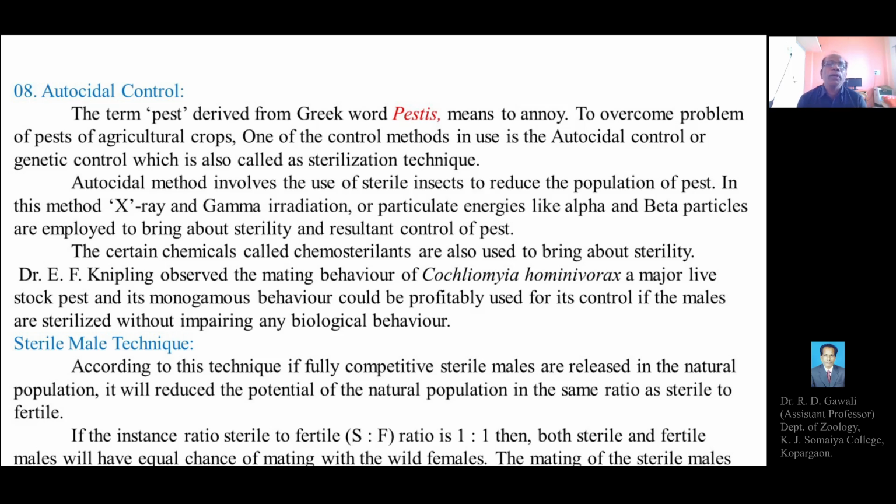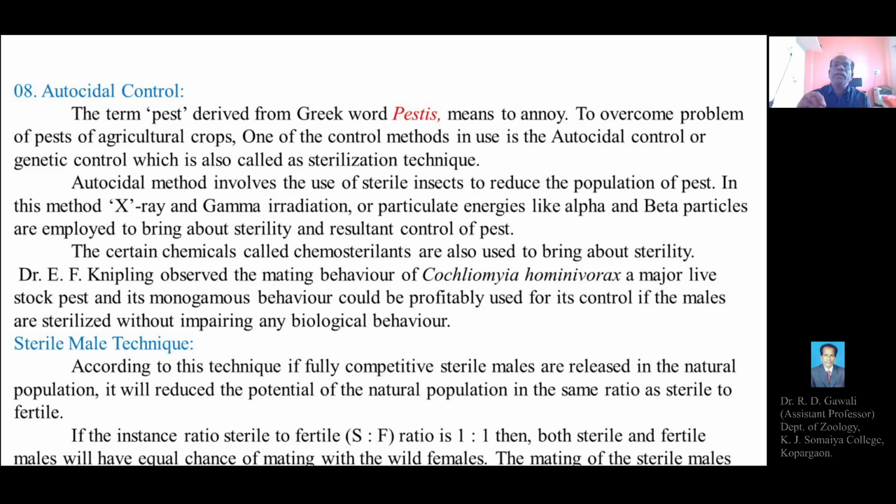To overcome the problem of pests of agricultural crops, one control method in use is autocidal control, or genetic control, which is also called the sterilization technique. Auto means self, and sidus means to kill. So members of the same species of the pest can be used for the control of the same pest.